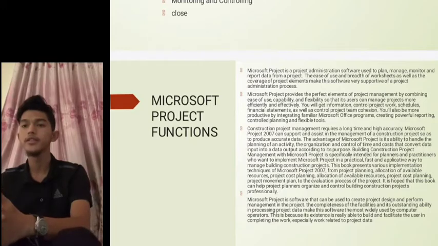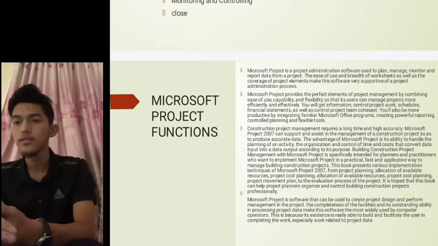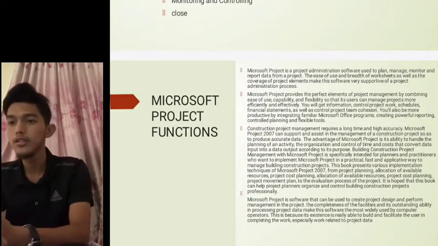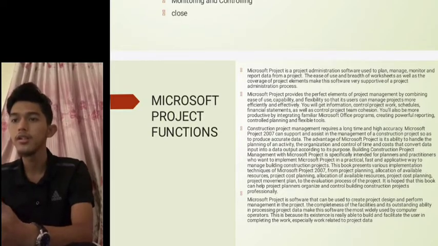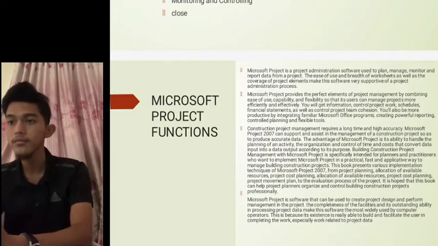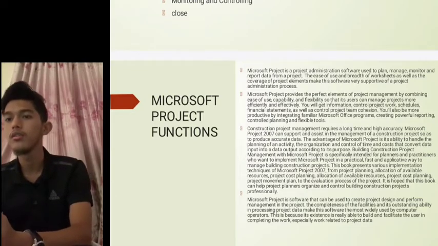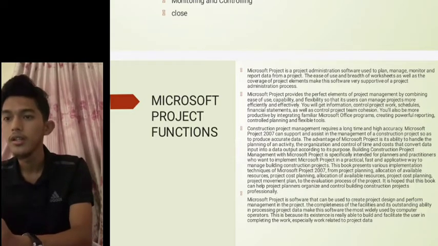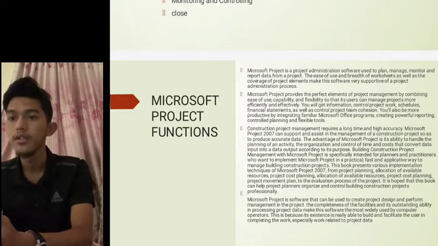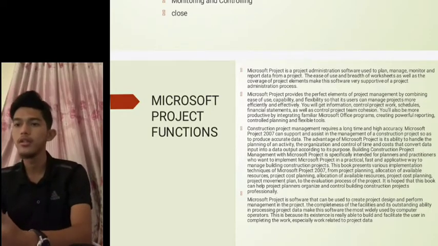Microsoft Project function. Microsoft Project is a project administration software to plan, manage, monitor and report data from a project. The breadth of the workload, as well as the coverage of project elements, make this software very supportive of a project management process.